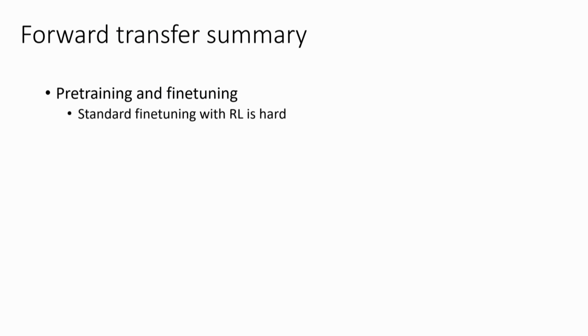All right, so summary of forward transfer. We talked about pre-training and fine-tuning. How standard fine-tuning in RL is pretty hard. Maximum entropy can help with that, but the basic principle is that you just want to somehow increase the variability of things in the source domain, increase the variability of behaviors, increase the entropy of a policy, all this stuff.